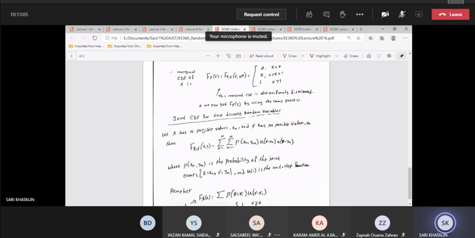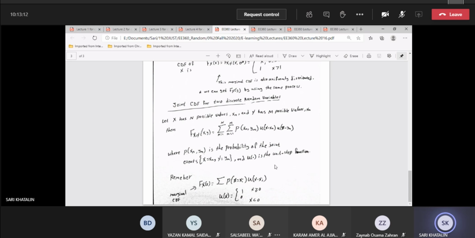So now, the joint CDF for two discrete random variables. If we go back to chapter 2, we talked about the CDF for a discrete random variable, which was similar to this one right here.